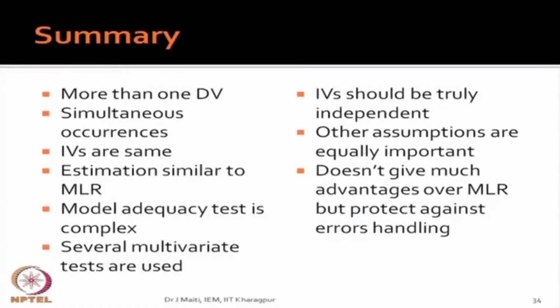When you have multiple Y variables and you are able to prove that the assumptions are not violated or reasonably followed, then it is better you go for MBLR, multivariate regression, first, and then you test through different tests.